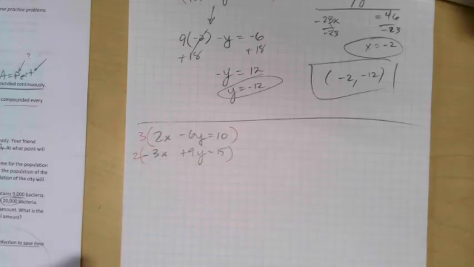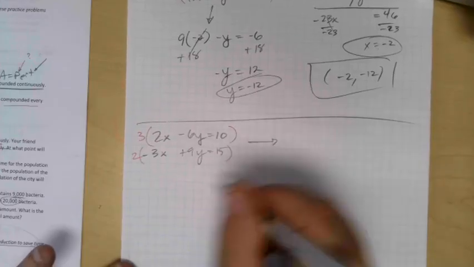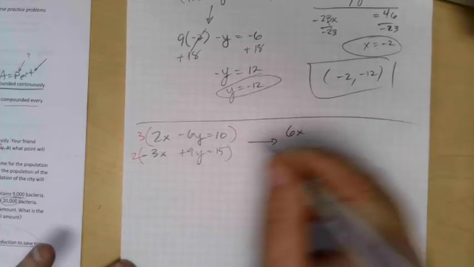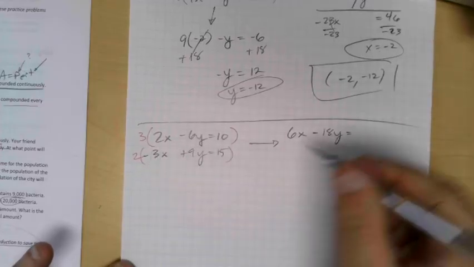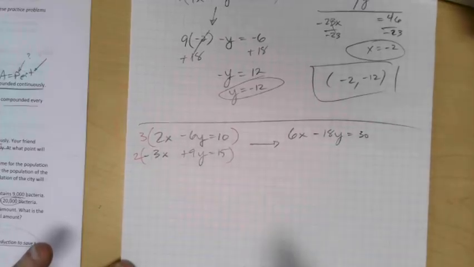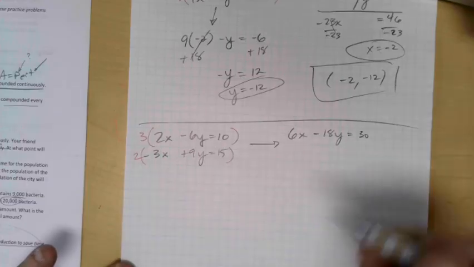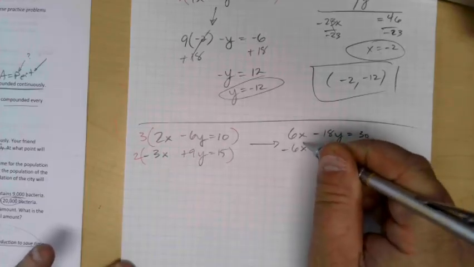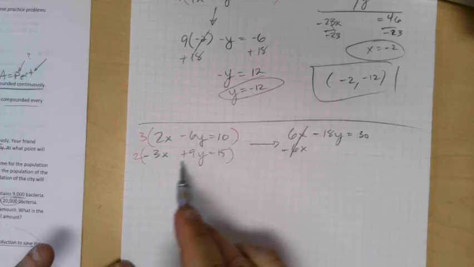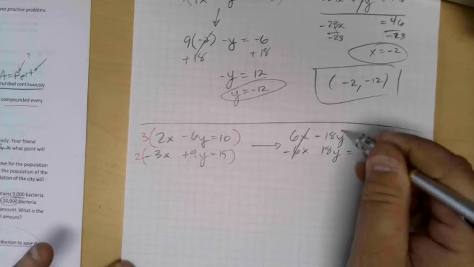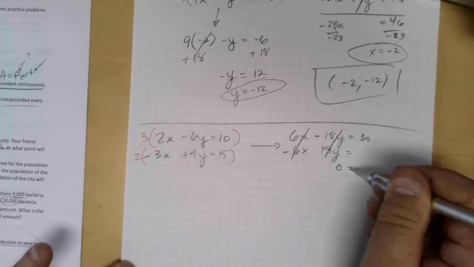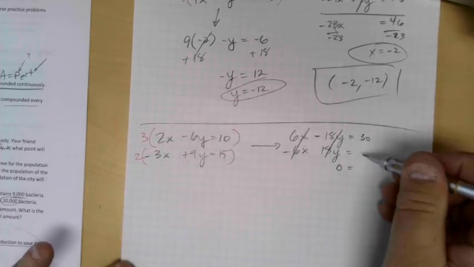That will always make them the same. So check it out. 3 times 2, that's 6x. 3 times negative 6, that's negative 18y, equals 3 times 10 is 30. Okay? 2 times negative 3, that's negative 6x. That means they're going to be gone. 2 times 9 is 18. Whoa. I didn't see that. That's going to be gone. So I end up with 0 equals 2 times 15.